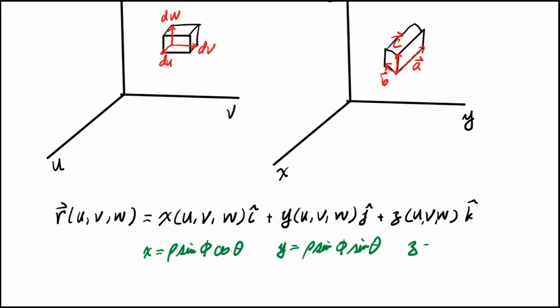And then z was rho cosine phi and no theta in it. So this is x, y, z as a function of u, v, w. You can think of u as rho, v as phi, and w as theta. But I'm trying to generalize it into any 3D coordinate transformation, not just spherical. You know what I'm saying? Okay, so this is a spherical example.